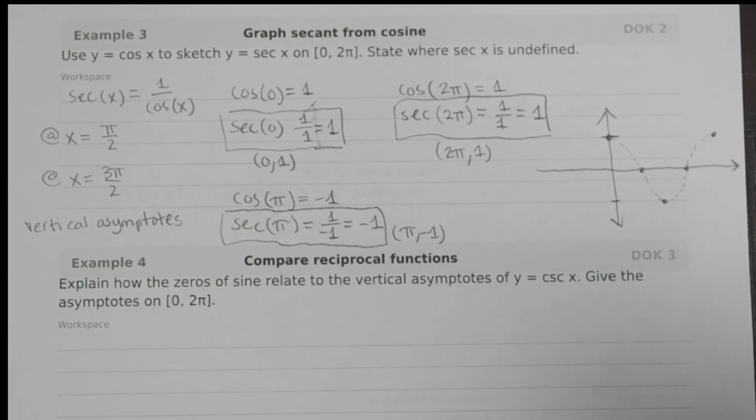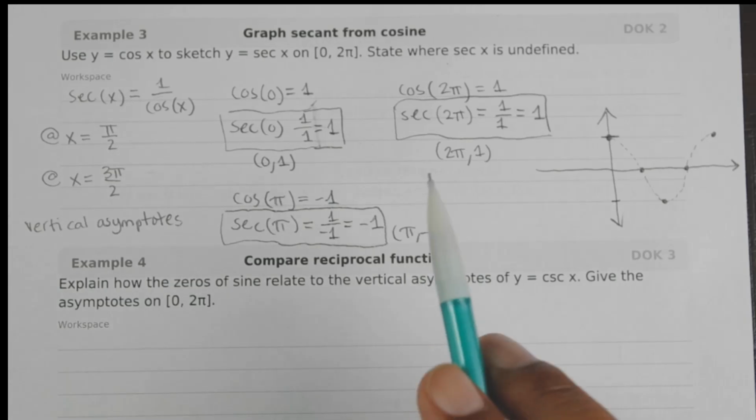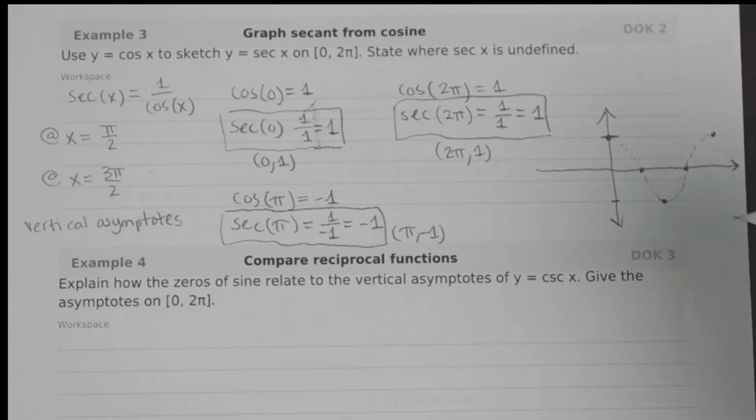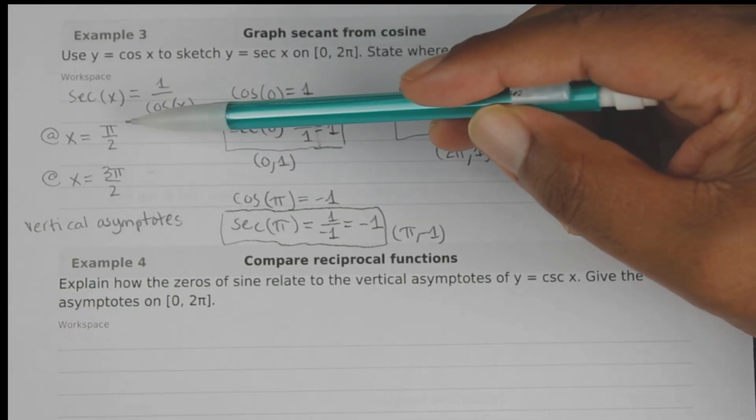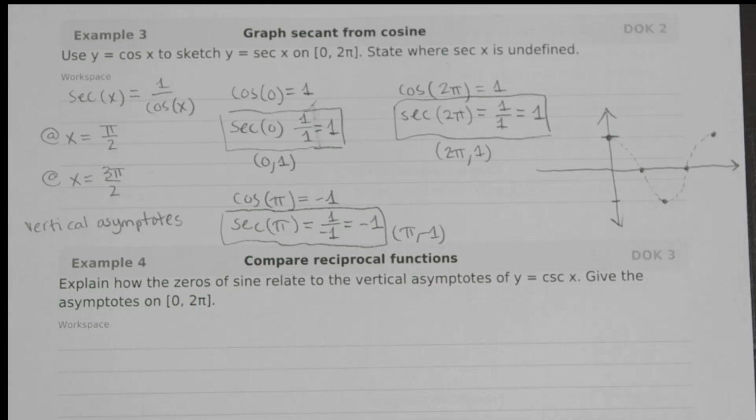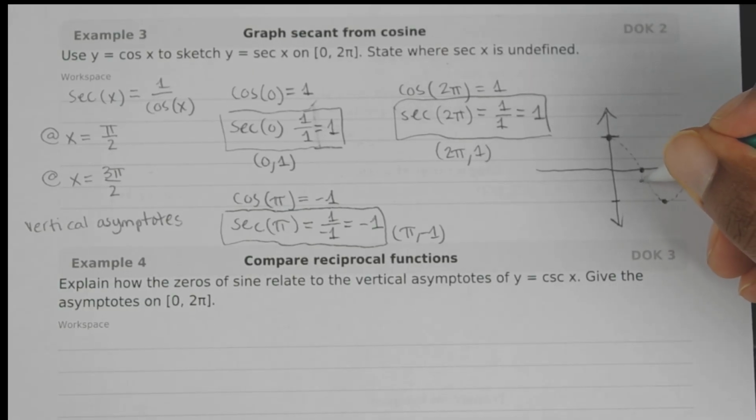So when you think of this graph and the reciprocal of it, first of all, the vertical asymptotes would be at pi over 2. So pi over 2 would be located here, and you would have a vertical asymptote there.